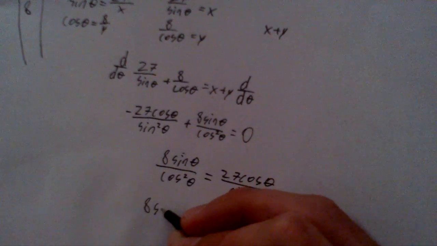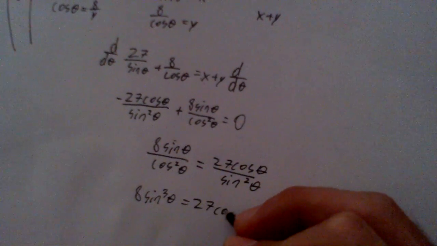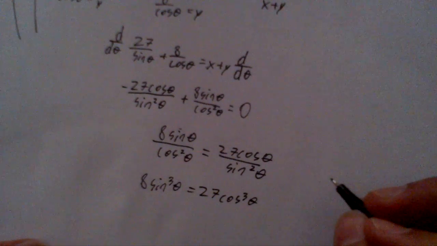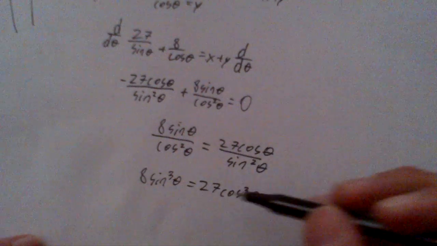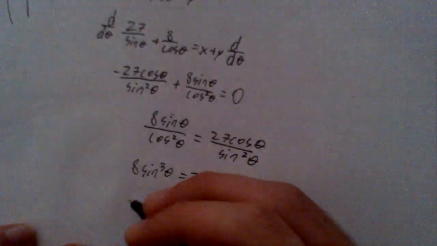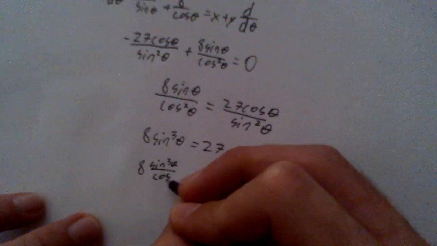So I would get 8 sine cubed of theta is equal to 27 cosine cubed of theta. Now, I'm going to divide by cosine cubed of theta on both sides. So 8 sine cubed of theta over cosine cubed of theta.